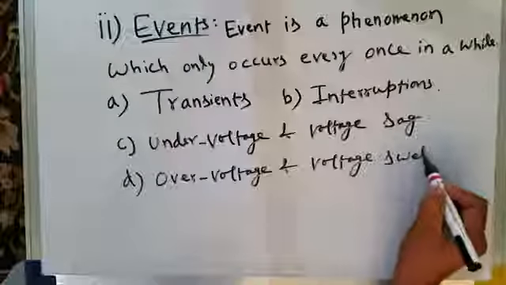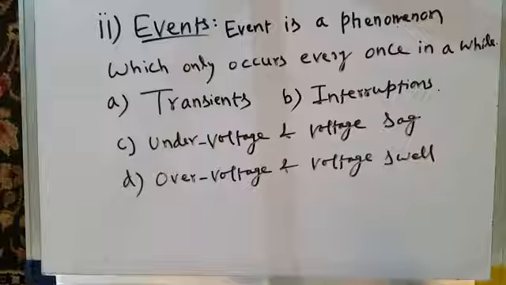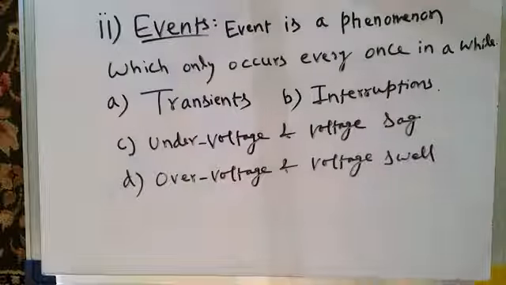So these are predominantly 4 types of events which are encountered in power systems and which affect the operation of equipments, especially the sensitive equipments. They result in tripping of the equipments, disruption of the industrial processes, and hence wastage of raw materials, loss of production, loss of deliveries, loss of supplies, and loss of revenue. We will discuss them one by one.